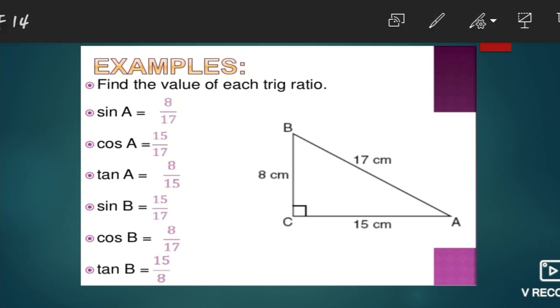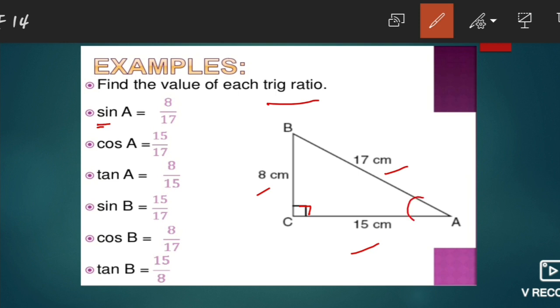Now suppose there is a picture given of triangle ABC where the right angle is at the point C. The measurement of BC is 8 cm, AC is 15 cm and AB is 17 cm. So you have to find the six trigonometric ratios. Start with sin A. I am here considering A as the acute angle.